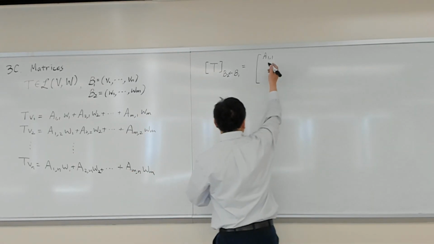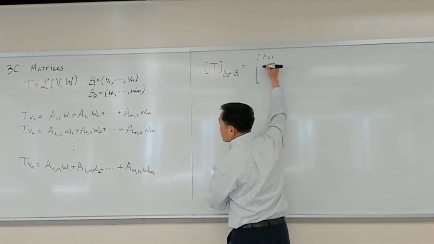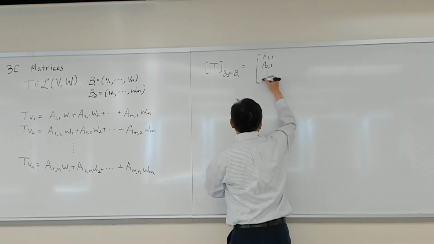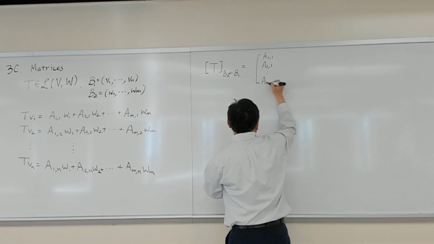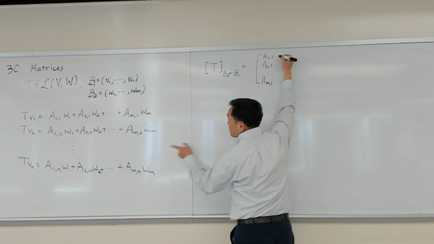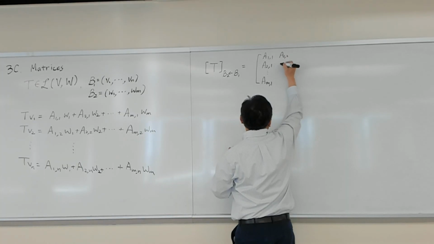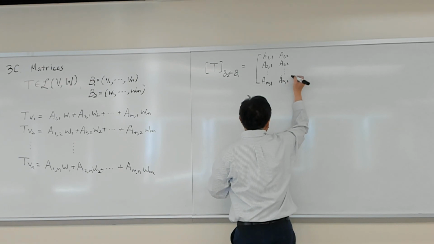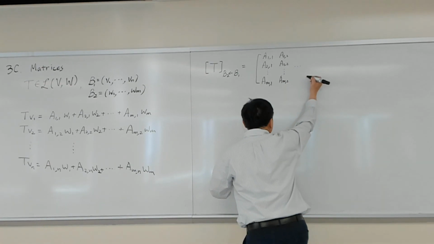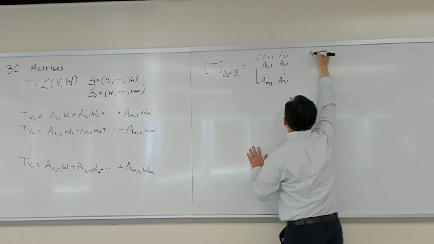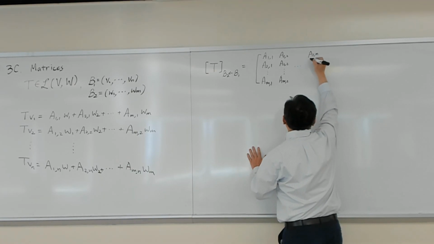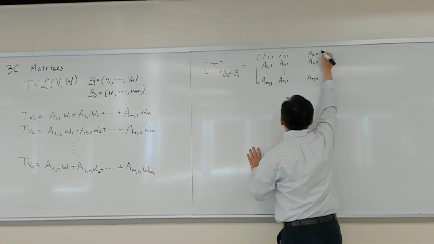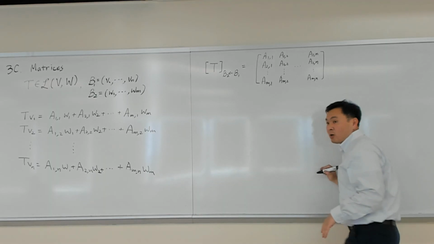The next one written here is not A12 but A21, all the way down to Am1. And the next column is A12, A22, and then all the way down to Am2, until you hit A1n, A2n, all the way down to Amn.